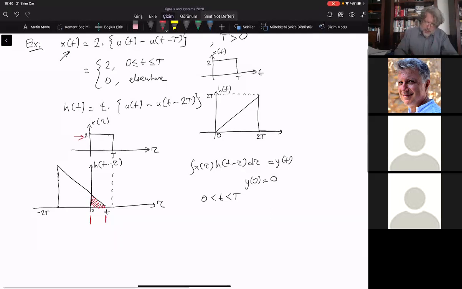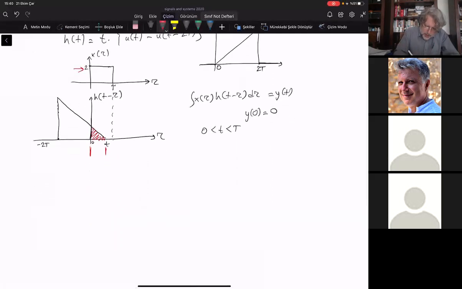We can draw the multiplication if you wish, like this. Not here, but here. T. And this is the area underneath. And this is the multiplication. This is x of tau, h of t minus tau, over the tau axis.